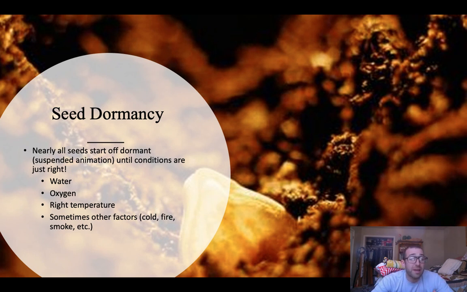But sometimes you may have those three things and your seed will not germinate, and that is because it is in this dormancy condition. Nearly all of our seeds start off as dormant, some more so than others. It's believed that we have bred most of our crop seeds so their dormancy isn't as extreme as some others, so they wouldn't be as dormant as some of these other seeds.